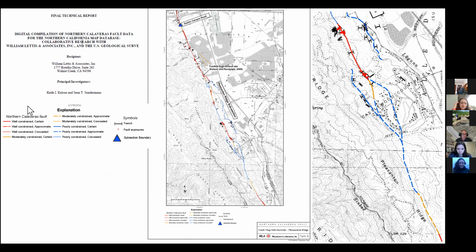I'm showing on the left the coloring, and I think this is also where we took the coloring for our line work, from red to orange to blue, and then three classes of certain, approximate, and concealed. And then you can see how it's presented.